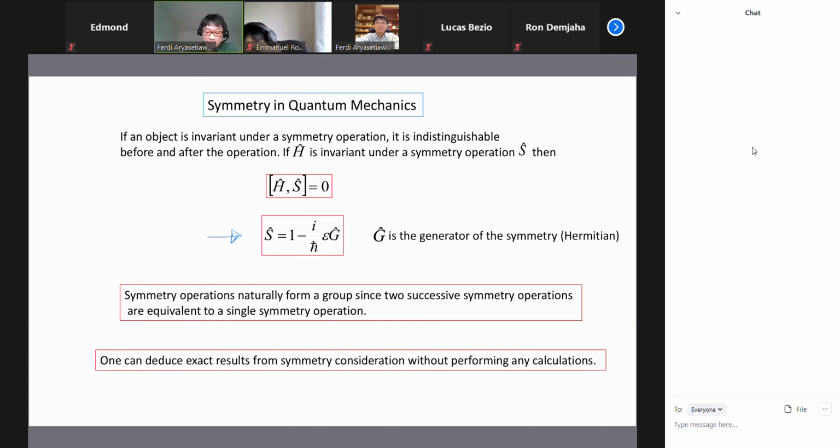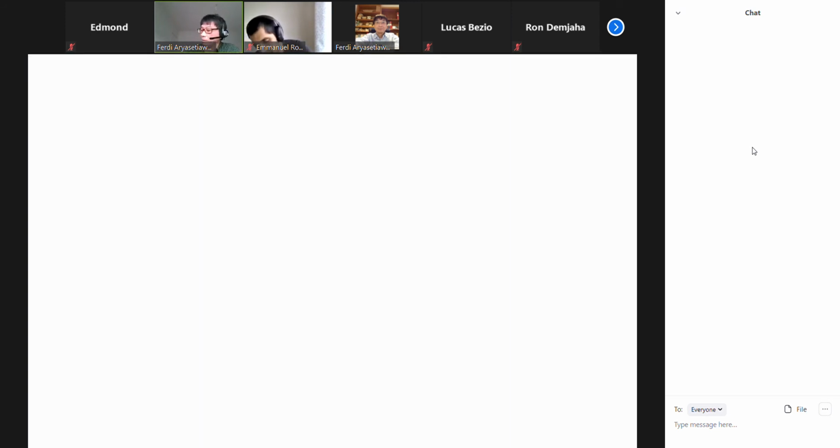So let's start with symmetry in classical mechanics. We use the Lagrangian formulation. We have the Lagrangian here, which is a function of canonical coordinates, q and q dot.